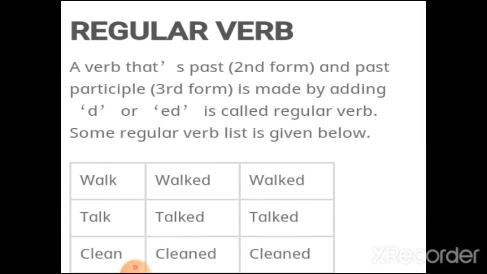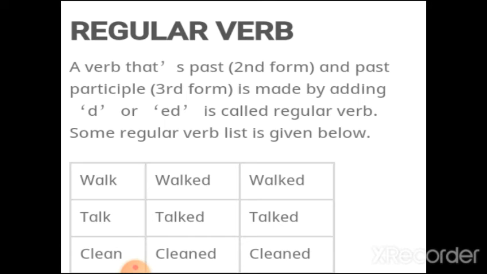Now let us see the fourth type of verb, the regular verb. Regular verbs are the verbs whose past second form and past participle third form is made by adding d or ed.